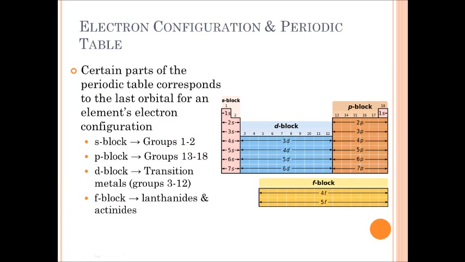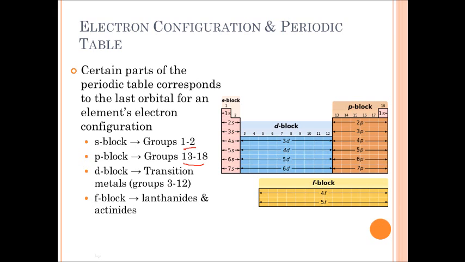Now, based on where elements are on the periodic table, their ending orbital will be different based on their location. We have these different blocks. The s block is groups 1 and 2. The p block is on the far right, and that's groups 13 through 18.